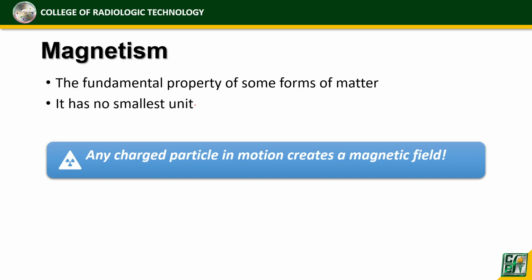It has no smallest unit, unlike the electric charge. Okay. Electric charge has a smallest unit, so we have the electron and the proton.